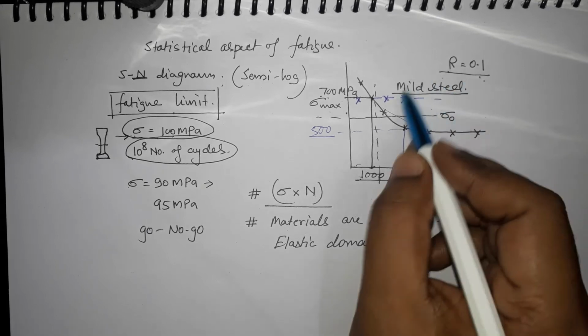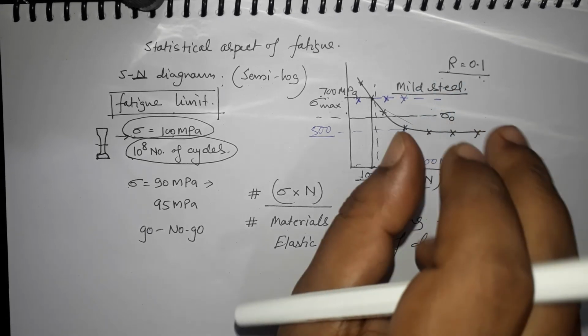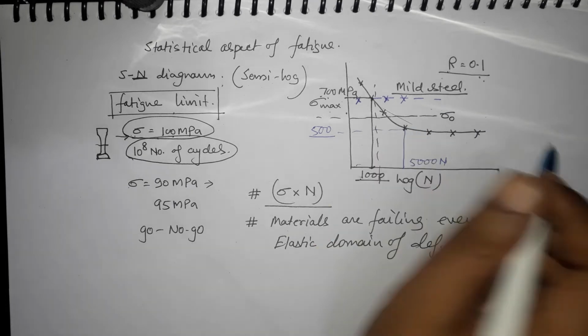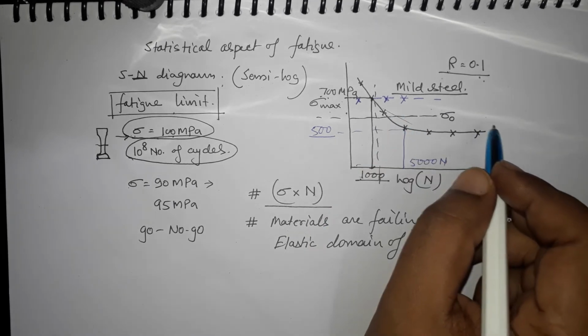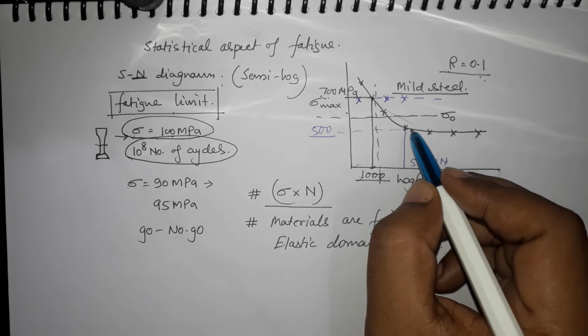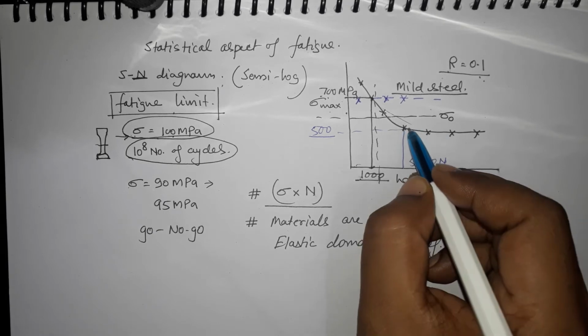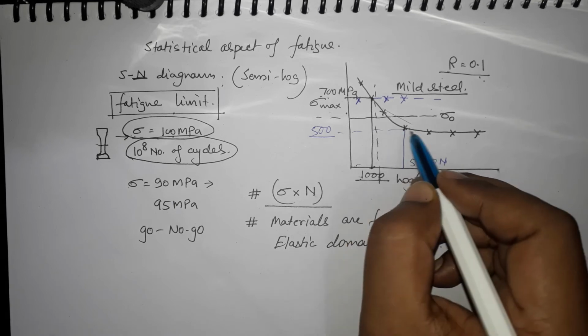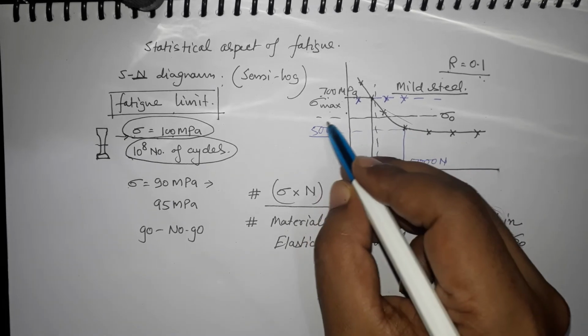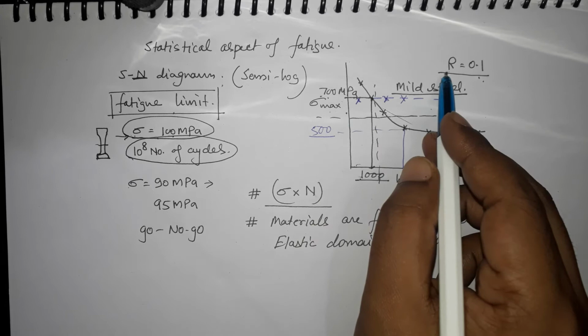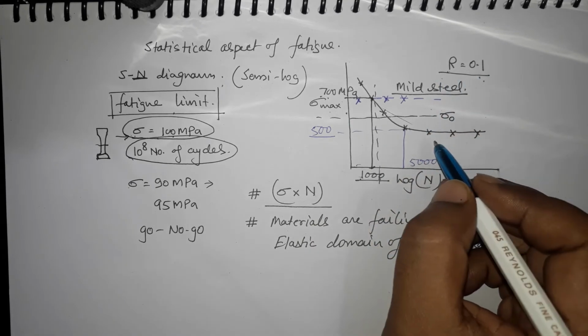If I test the same material specimen of the same dimension, so I'm changing nothing, I'm also not changing the testing machine, and I do the test at 500 MPa of sigma max at the same R ratio.